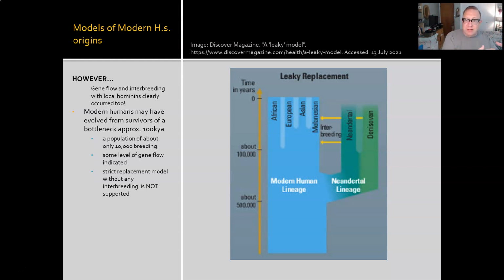Eurasian hominins like Neanderthals and Denisovans, and possibly some mystery hominins we don't know yet. The genetic evidence says there are some that aren't related to Neanderthal or Denisovan DNA. They intermixed, they interbred with anatomically modern humans, apparently almost as soon as we arrived.